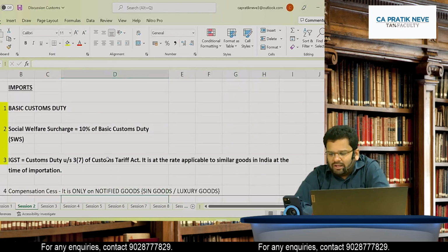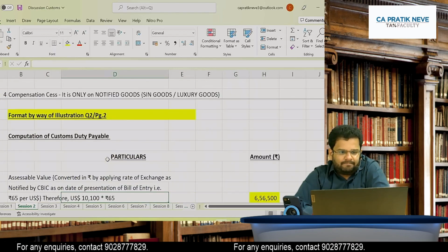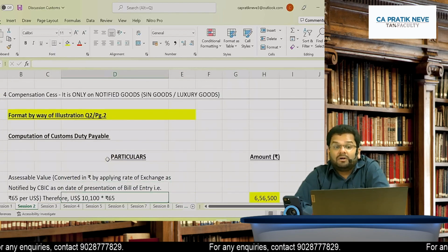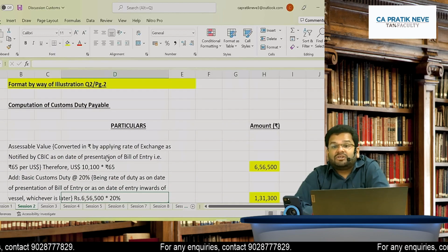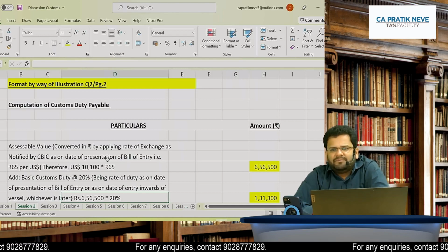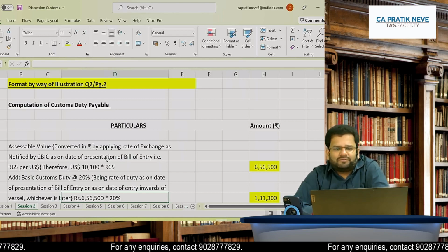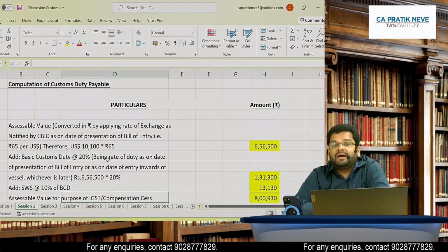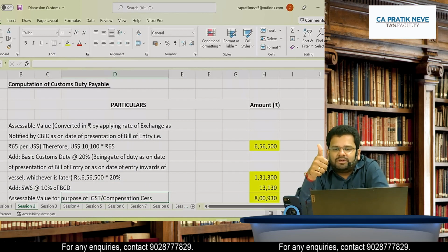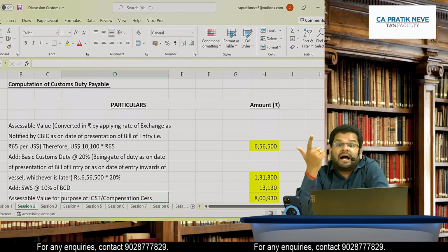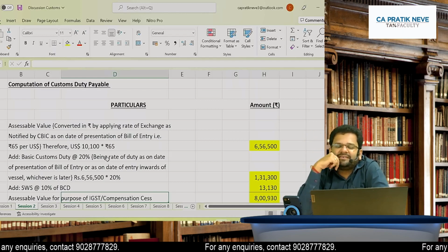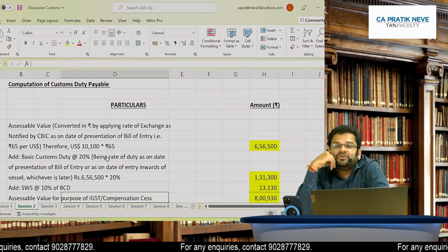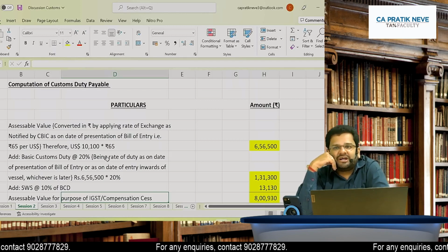Now what I want to tell you next is a basic format for computation of customs duty payable. Nishigandha, a very basic format, where basic customs duties, IGST and SWS. What is SWS? Social welfare surcharge.